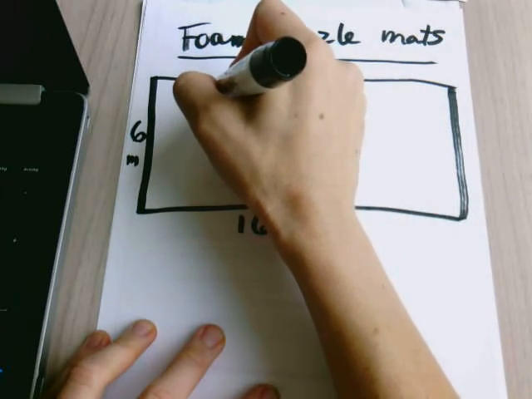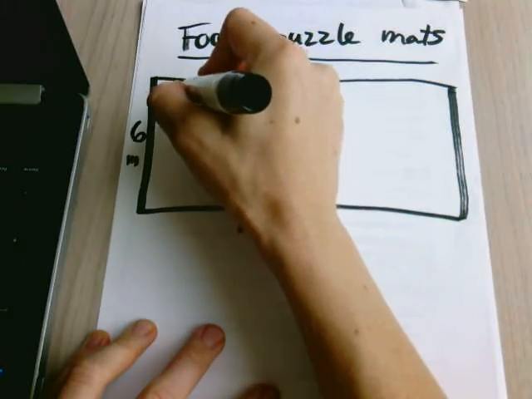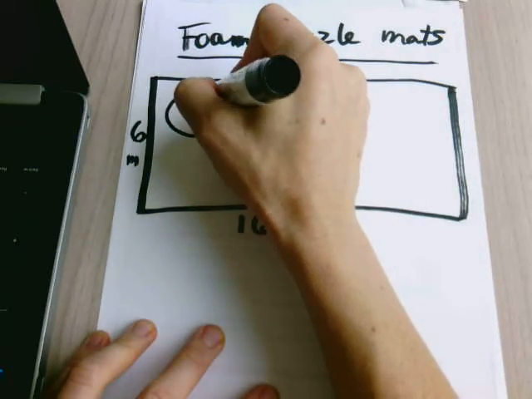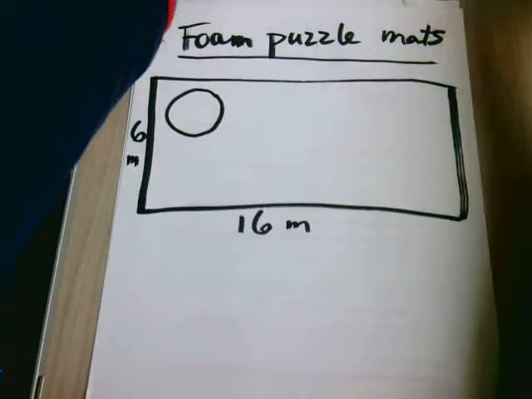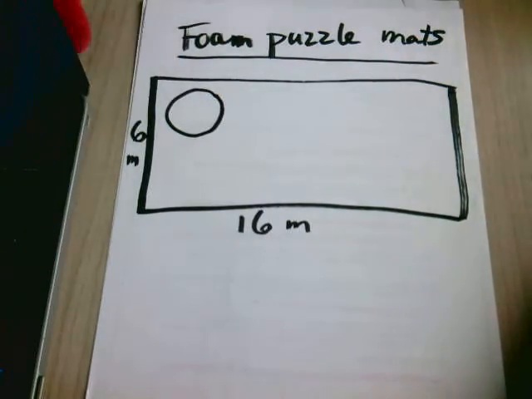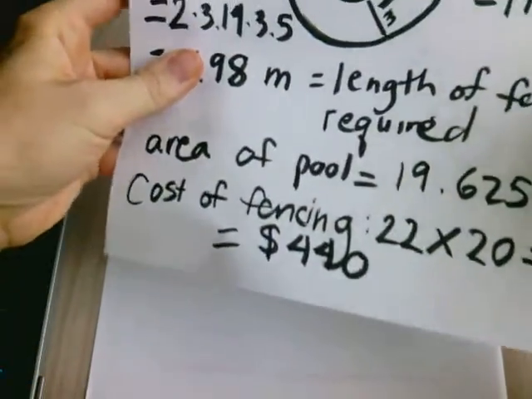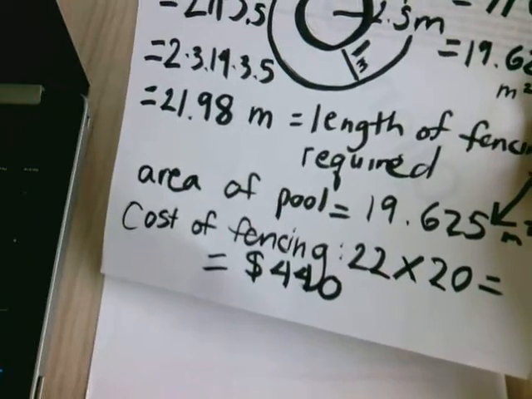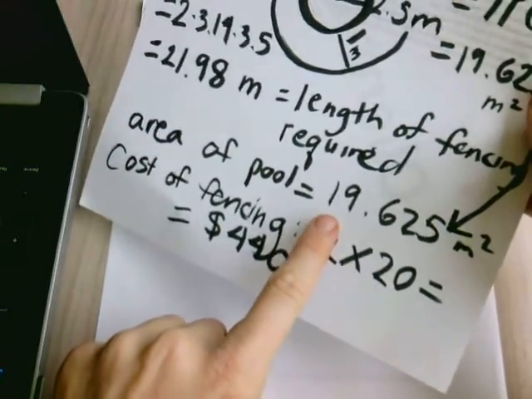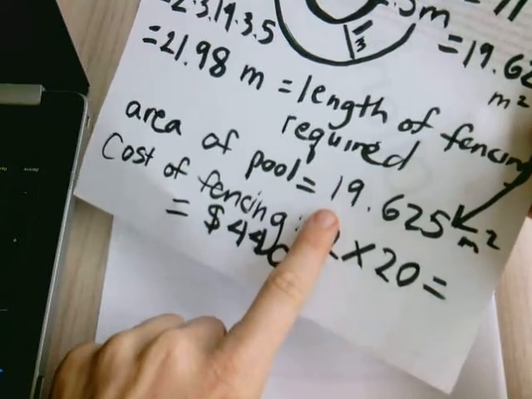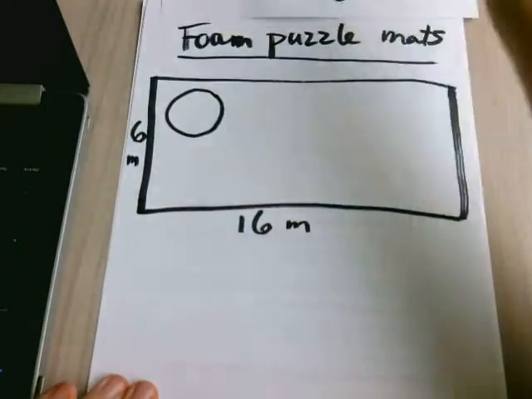Here is the wading pool. If we go back to our first page, it tells us that the wading pool is 19.625 square meters.